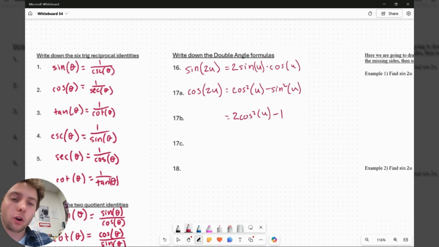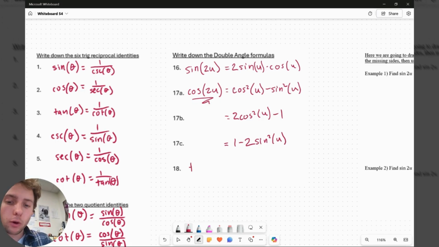Notice these forms are nice because we get rid of the 2 on the inside, which would make it more complicated to evaluate some different problems. And we're leaving it just with the u instead. Another form, a third form for cosine, is 1 minus 2 sine squared u as well. Okay, so all of those three are for cosine.